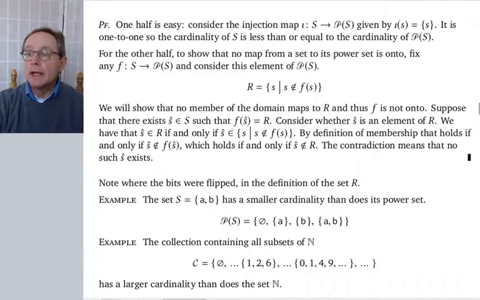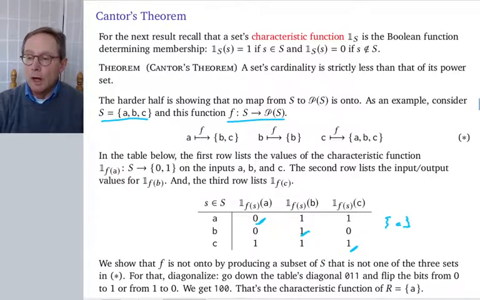You make it contain all of those things that are not elements of little f of itself. Now we saw that on the prior slide. We looked at f of little a, and we said, is little a in f of little a?